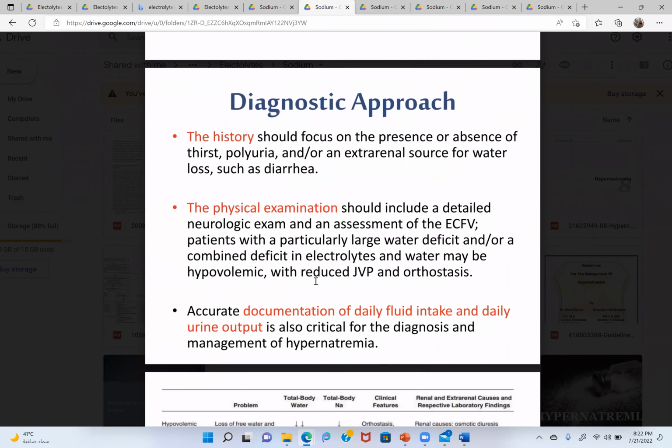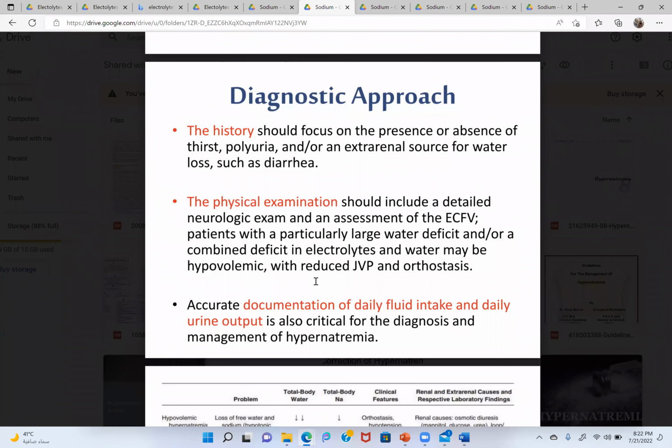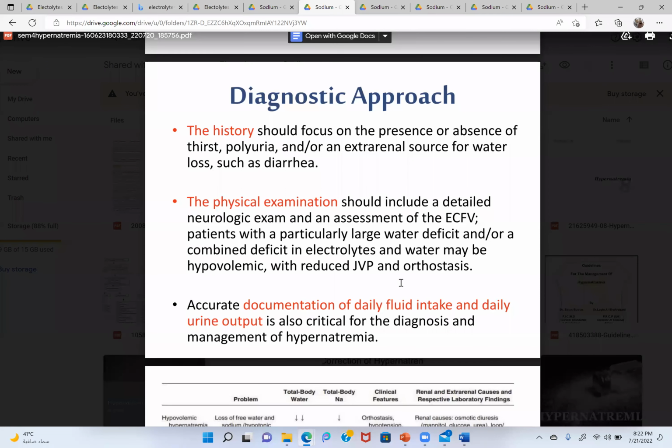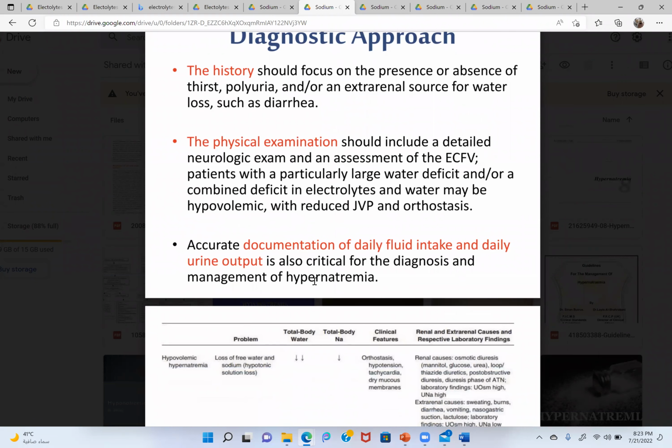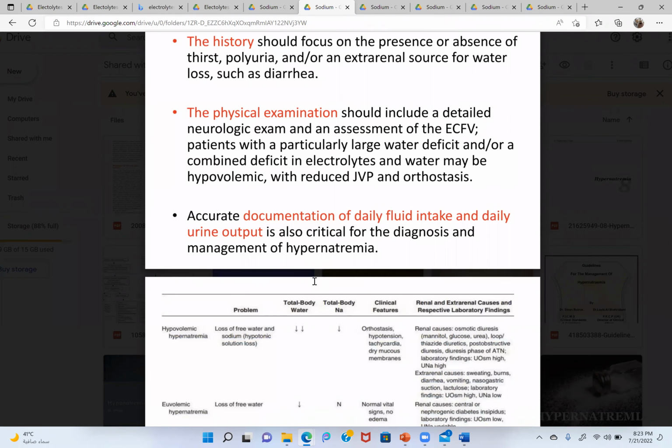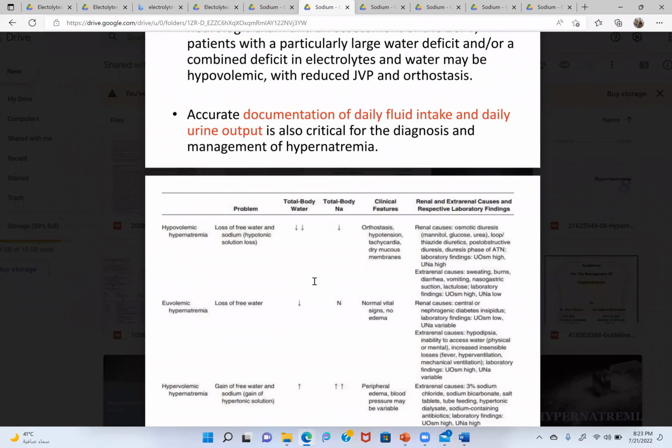So how to diagnose it? Usually the more important thing is to have a good history, and there will be some apparent cause preceding these readings. Then physical examination. Hypovolemic hyponatremia is more common, so you will try to find any relevant condition which may be the cause.